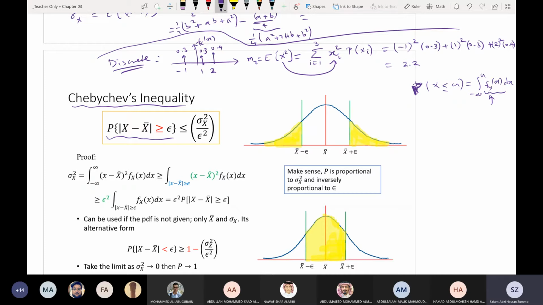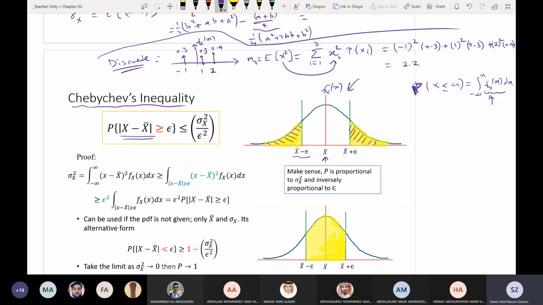Chebyshev inequality is related to calculation of the following: the probability that x is away from its mean by more than epsilon. If this is the PDF, fx of x, and this is the mean, then what we are trying to find is the probability that x is away from the mean by more than epsilon.